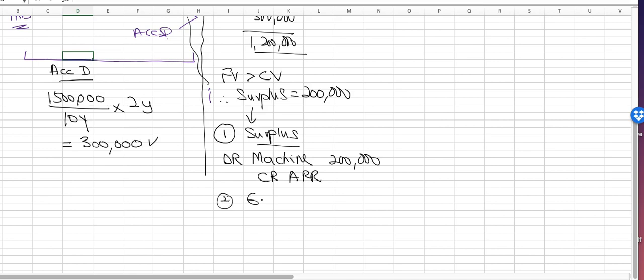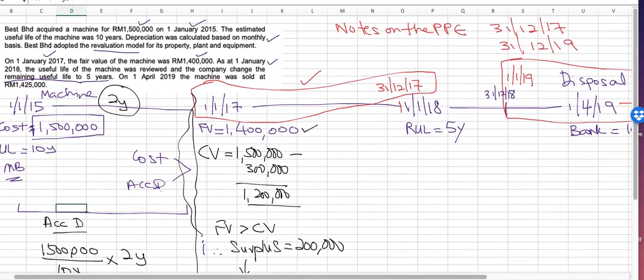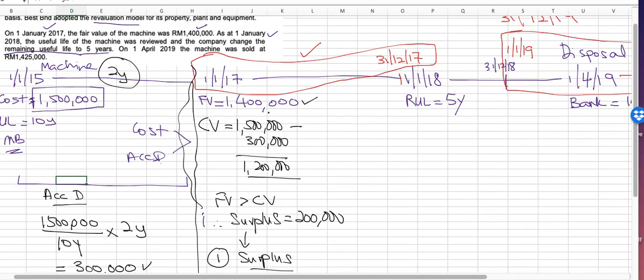Another entry is to eliminate the accumulated depreciation. These are the two things that you must always remember. Whenever you get surplus or deficit, number one, you have to recognize the surplus or deficit. The second one is to eliminate accumulated depreciation. Okay, why should we eliminate? Because when you revalue your asset, subsequently when you calculate the depreciation, it will be based on the new value.